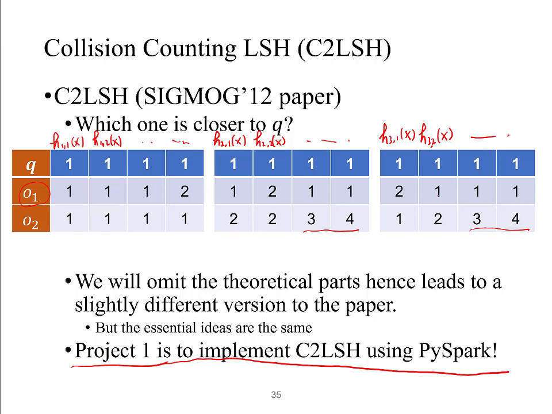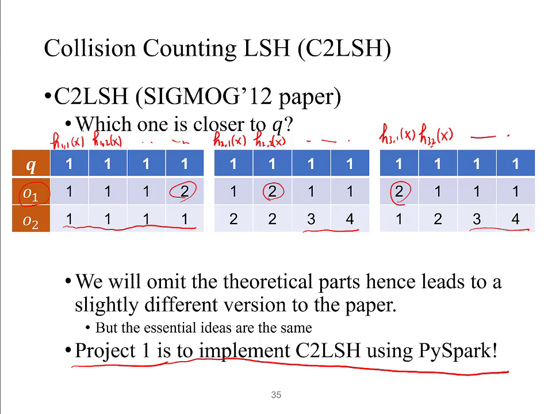O1 has most hash values the same as Q's, but it is unlucky that in each super hash it has one hash value slightly different from Q's. O2 gets lucky that for the first super hash, it has exactly the same hash values as the query.